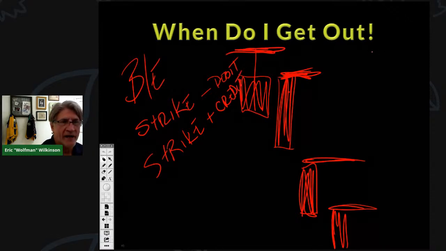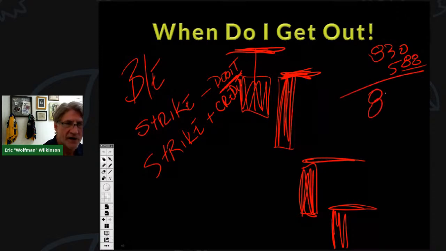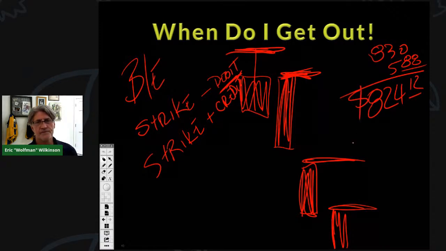So like mine, I was looking at those 830s. I did mine for a debit. So $5 and I think it was 88 cents or something, right? So that put my break even at 824.12. Right. That was what I wanted to do.